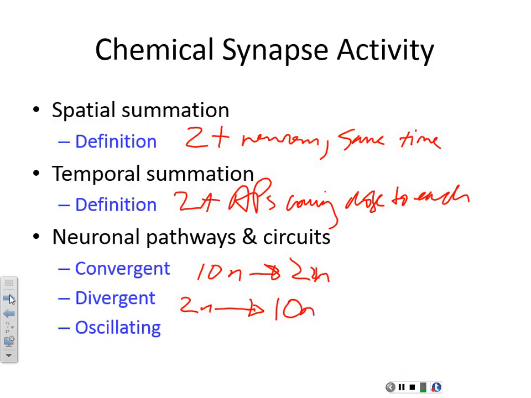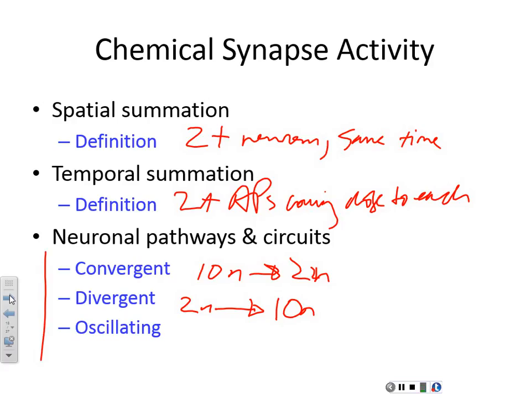Or if you have a lot of stimuli from different places, you can bring them together and have them dealt with by one neuron. So that's how the integration function comes into play. You have different messages coming from different parts of the brain onto the same neuron so that you can process a response. You see what I'm saying? No use in having some things happening here, some things happening here, some things happening here. They're kind of connected, but they're not coming together.